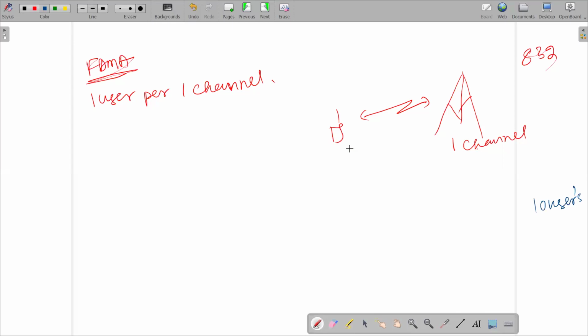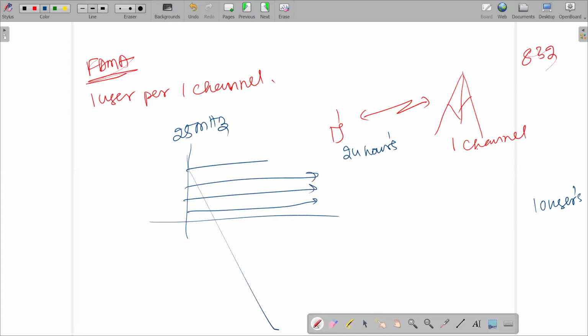For example, if this fellow wanted to communicate 24 hours, he connected and is continuously talking on the phone for 24 hours. Others will get busy. That was the problem. So if I say, this 25 megahertz frequency was divided into channels of 30 kilohertz each.